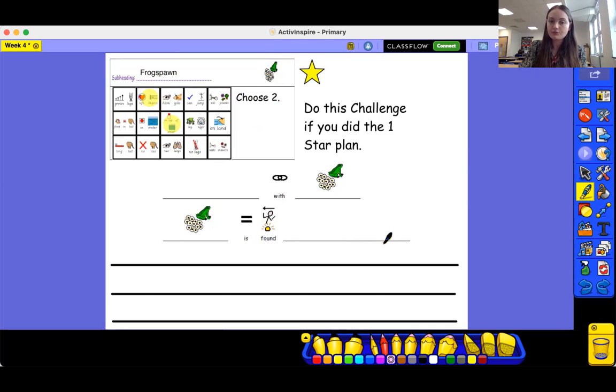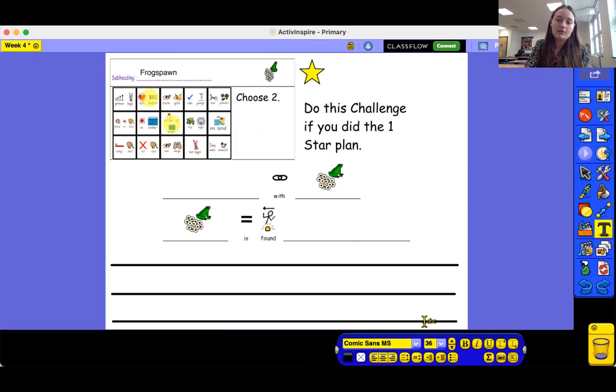Okay? The first thing that I am going to do is I am going to write words underneath the symbols that I do recognise. So, what is this a picture of? Fantastic, it's frog spawn. So I'm going to write that on that line. And I've got it here again, so I'm going to write it twice.